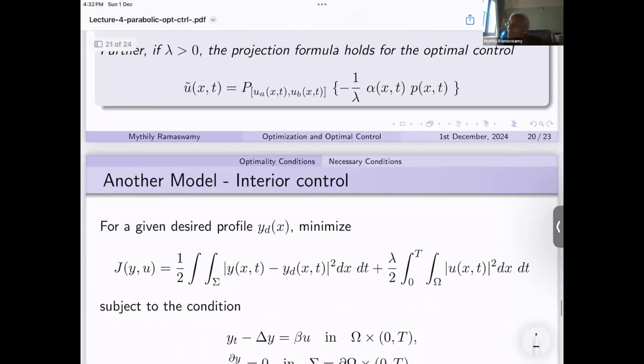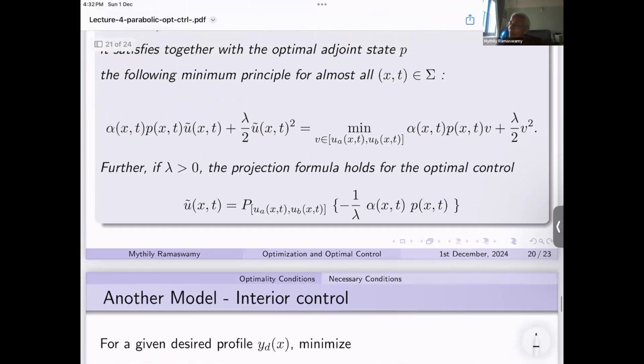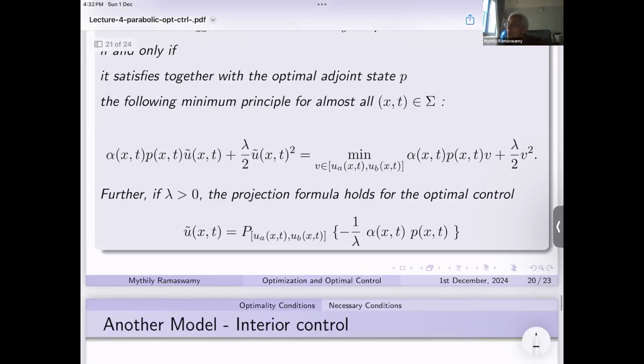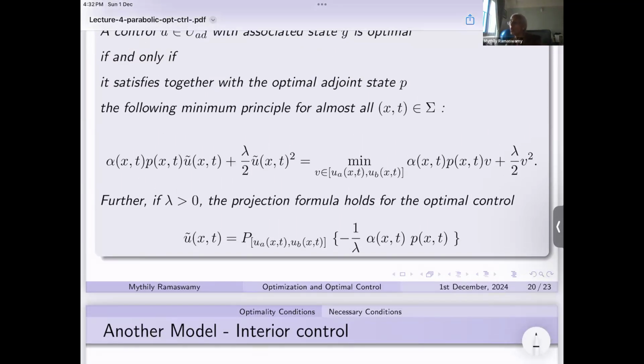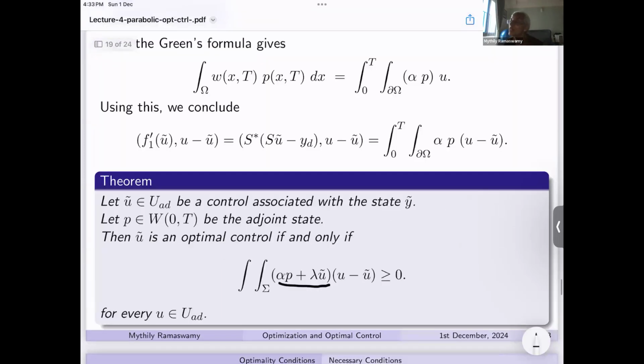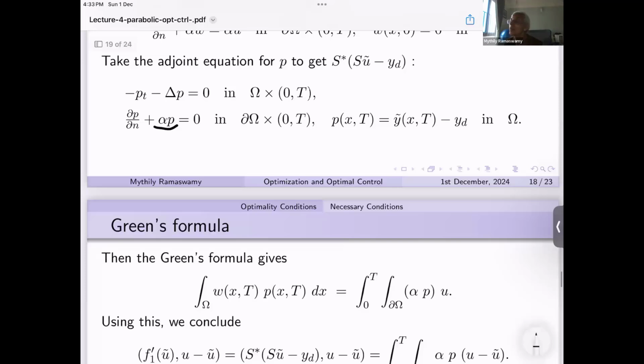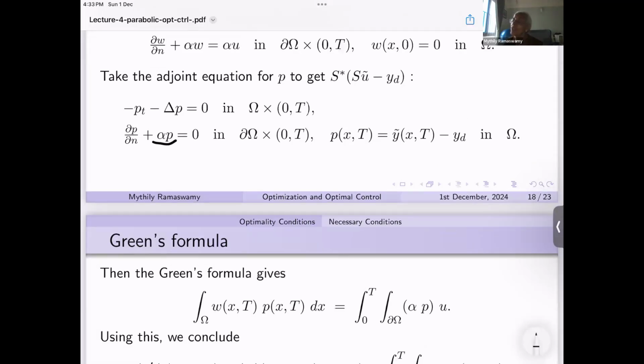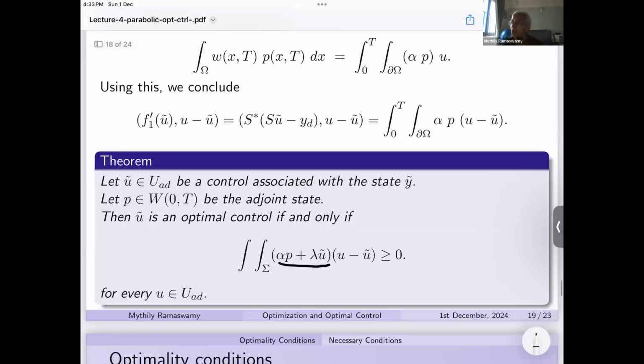So if UA is minus infinity and UB is plus infinity, which corresponds to no control constraint, then I will get U bar is exactly minus 1 by lambda alpha P. So I can compute this, but remember, we have to solve the adjoint problem and the given original problem, both will have to be solved.